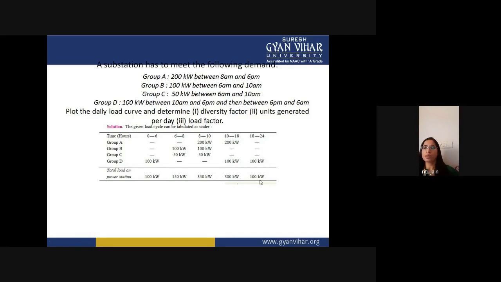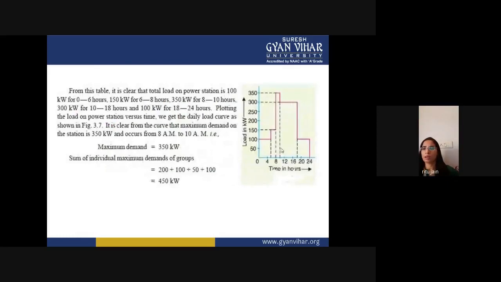Now you can easily draw the graph, plot the graph. So from this table, it is clear that the total load on power station is 100 kilowatt from 0 to 6 hours. For 0 to 6 hours, you required only 100 kilowatt.